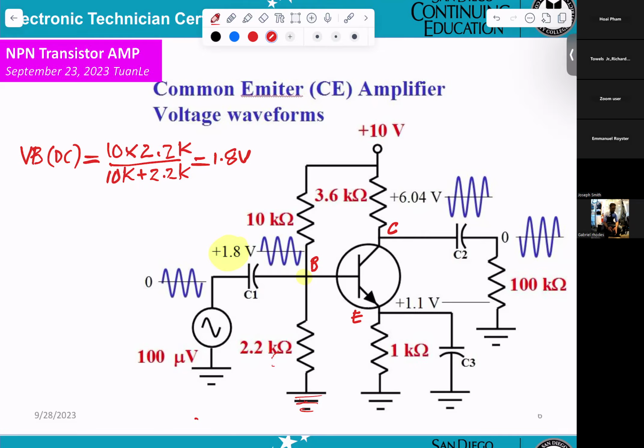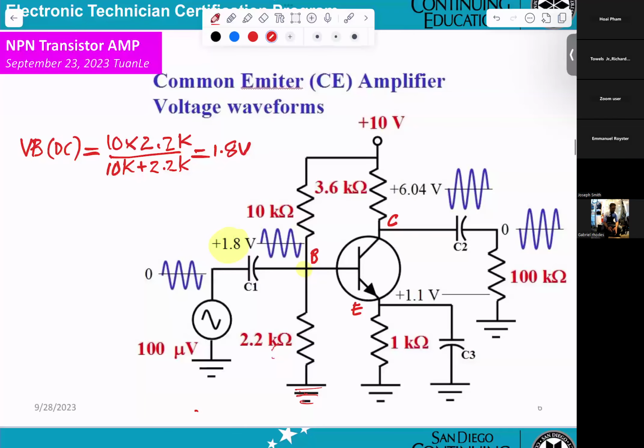At the emitter, what DC do you get? That means VE. VE equals VB minus 0.7 volt for the diode.